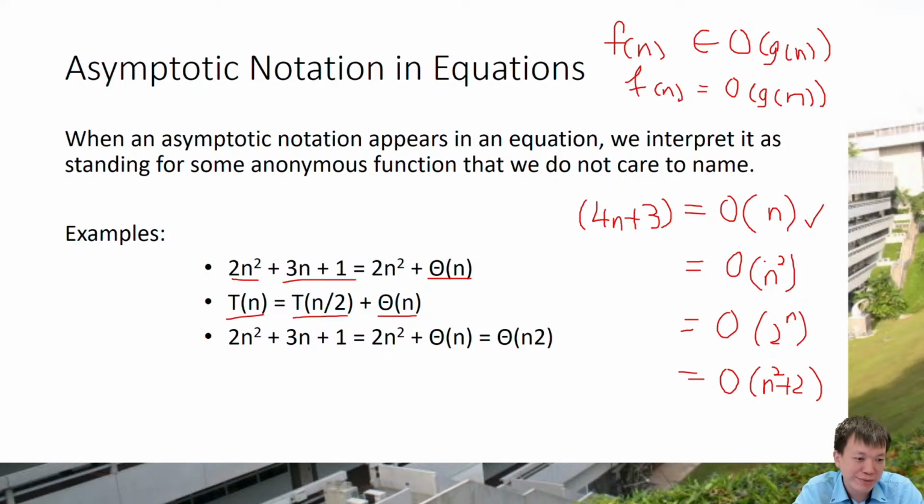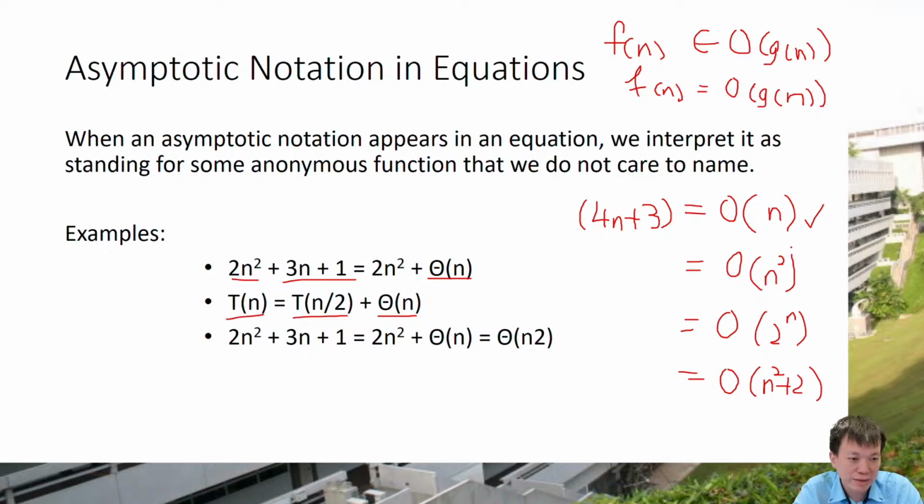But what is the most appropriate answer? Normally, this notation is trying to represent the order of growth. We're trying to tell the reader the best representation of the order of growth.